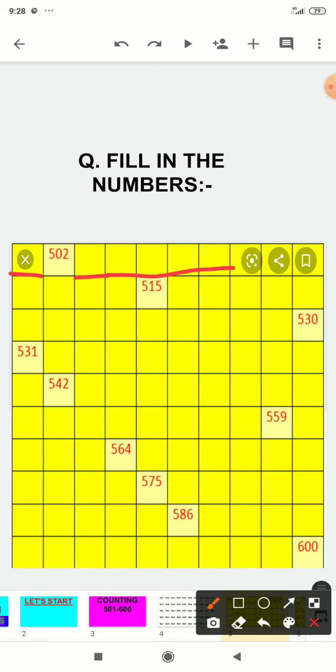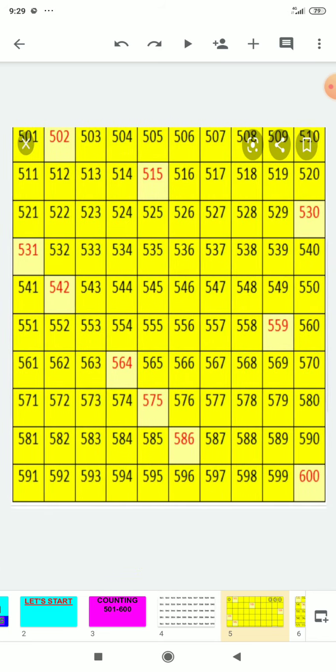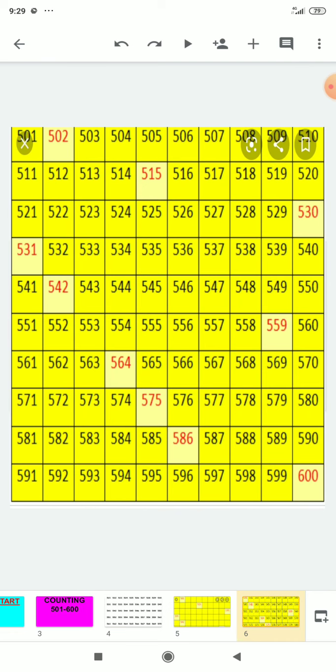Suppose what comes before 502, that is 501 in the given box. Then 503, 504, 505. In this way you have to write the counting. You have to fill the blanks, and this is your answer. In this way you have to complete this question.